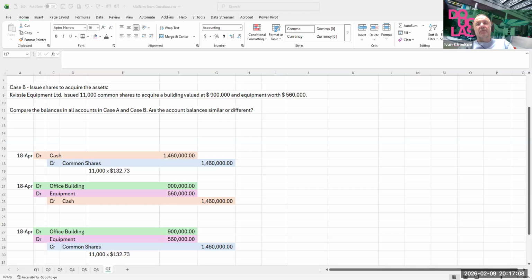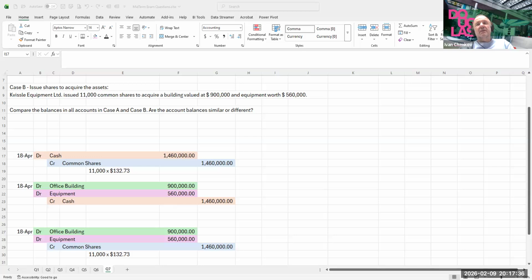Then we're going to have a question, again with the disposal, where you have to calculate and see: do we have commercial substance or not? That will be the only thing.